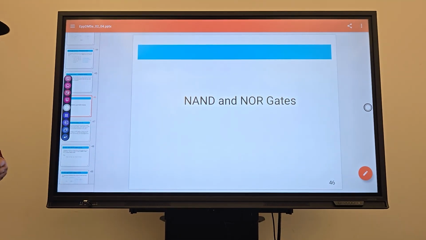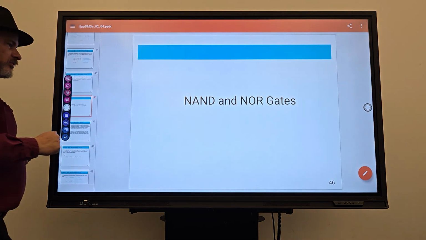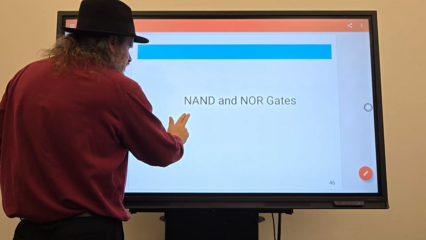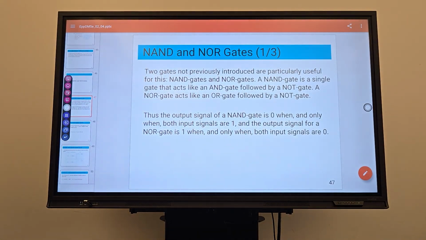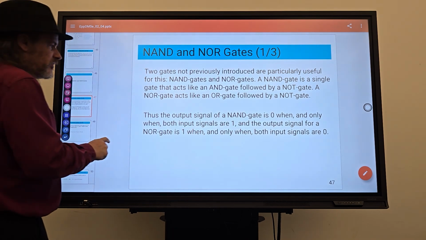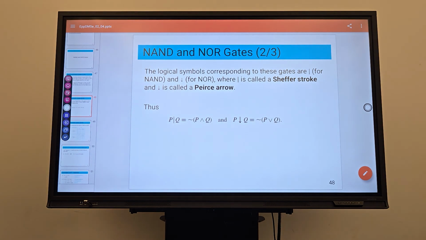NAND and NOR gates. NAND and NOR gates are kind of different. A NAND gate is a single gate that acts like an AND gate followed by a NOT gate. A NOR gate is equivalent to an OR gate followed by an inverter. So the input-output tables are the opposite of the AND and OR gates, respectively.